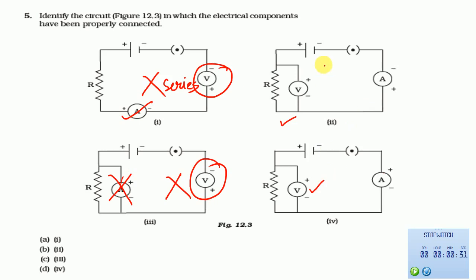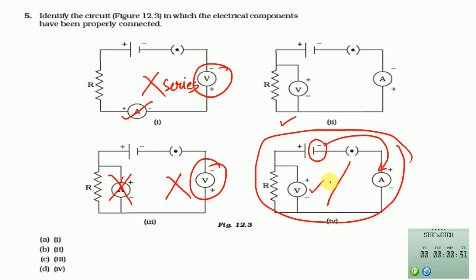You see, here the negative terminal is connected to the positive terminal. So that's the mistake in this question. Clear? So this will be the correct option, right? So you have to observe the minute details also, otherwise this will make the question wrong.